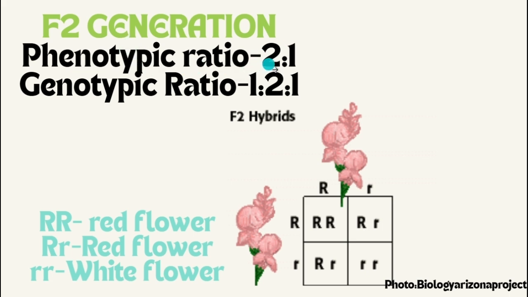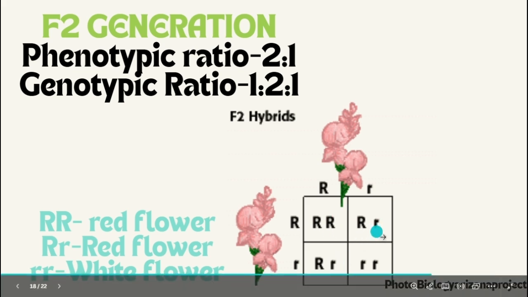So the phenotypic ratio is the physical characteristics. In this case, it's going to be the color of the flowers. So we're going to put 3 red flowers to 1 white flower. So if these flowers have 4 offspring, 3 of them go red and 1 of them goes white. You get the point. And then the genotypic ratio is going to be 1 big R, 2 big R, little r, and then 1 little r.